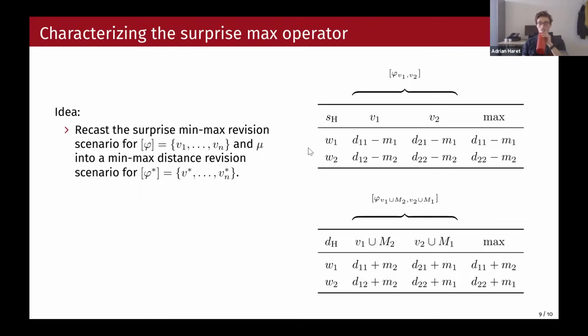But here, it's a little tricky because the distances in the table depend on what your new information is. What you can do is recast the revision problem as a revision according to this max operator from the previous slide, but on a modified prior belief.